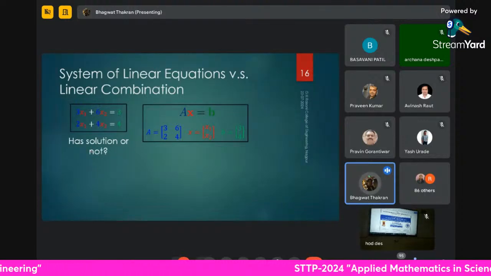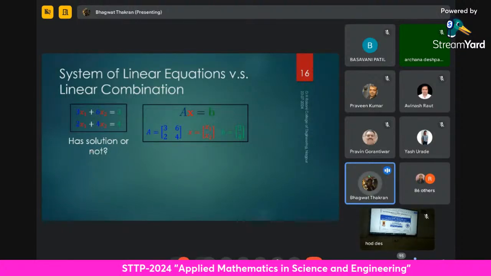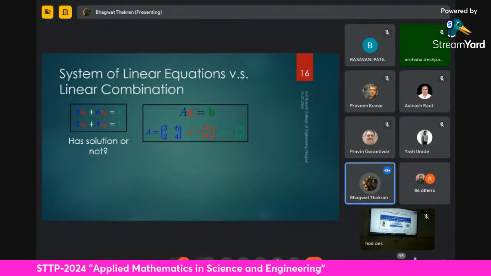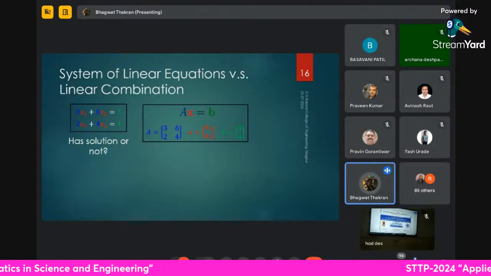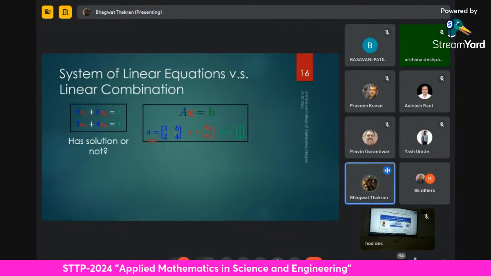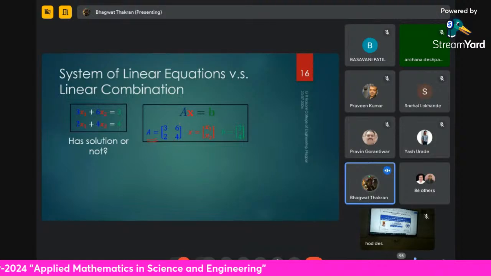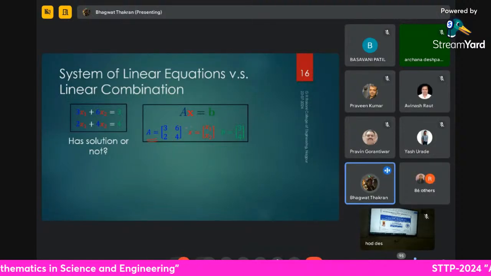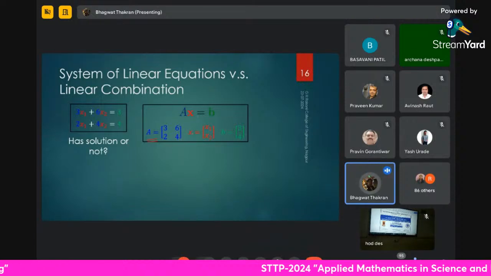Now the question is whether this system will have a solution or not. Till now we have seen that we check the matrix A, whether its determinant is 0 or not. If its determinant is 0, then based on the rank, or the condition for checking the consistency of the system of equations, we'll check the rank.